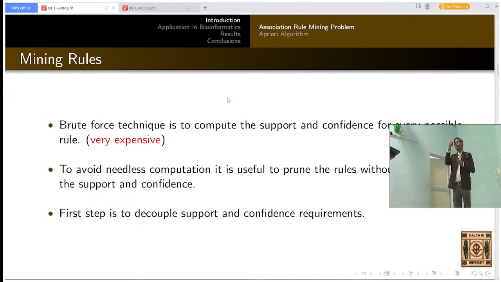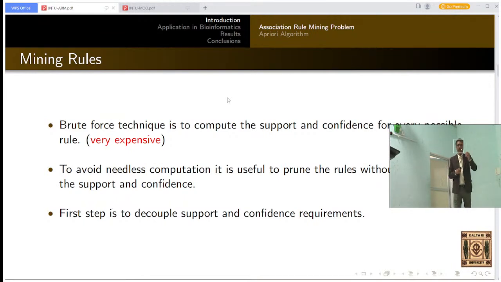It is a very simple algorithm. First all the one item sets, that is item sets containing only one item, then all the two item sets, then all the three item sets, and so on. Finally there will be only one n item set. Then compute the support one by one, and finally discard all the item sets which don't satisfy the minimum support criteria.